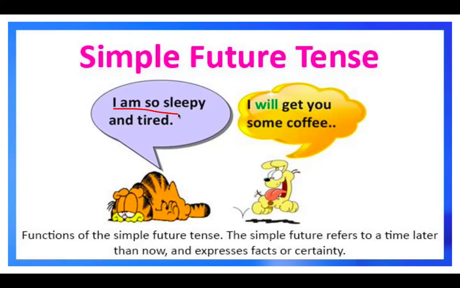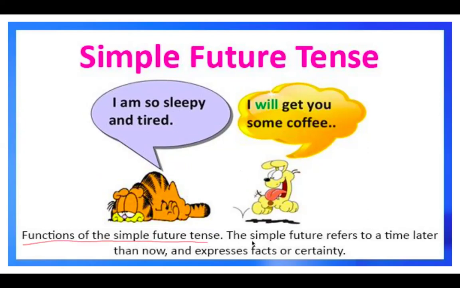So the first one indicates the present action, that somebody is sleepy and tired, whereas the other one indicates the future action. One has not yet made the coffee, so one is going to, or will, get some coffee for the other. So what are the functions of the simple future tense?